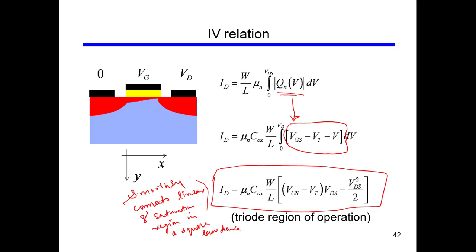What do you mean by a square law device? A square law device is one in which the current saturates like this. So this is our ID and this is VDS. So this is a square law device.